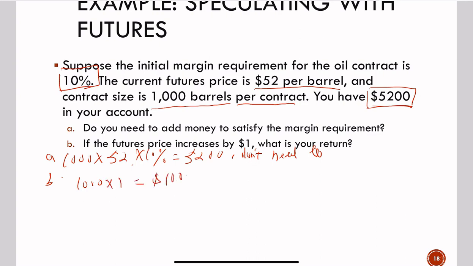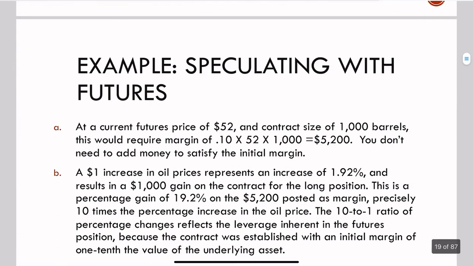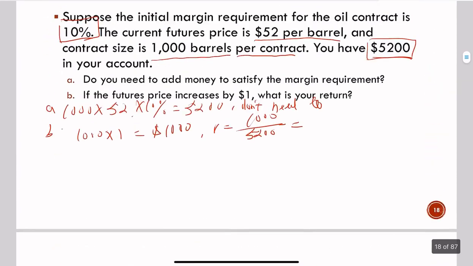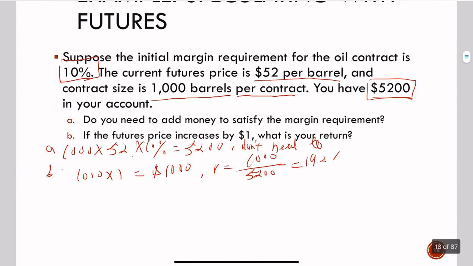So the total profit of your account would be $1,000. So your return would be 1,000 divided by your initial investment, which gives you 19.2%.